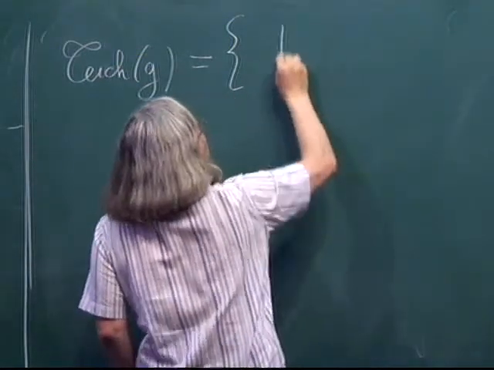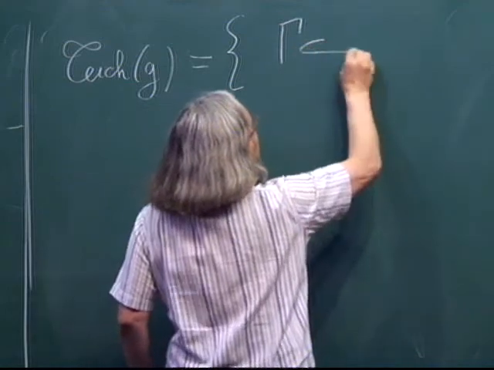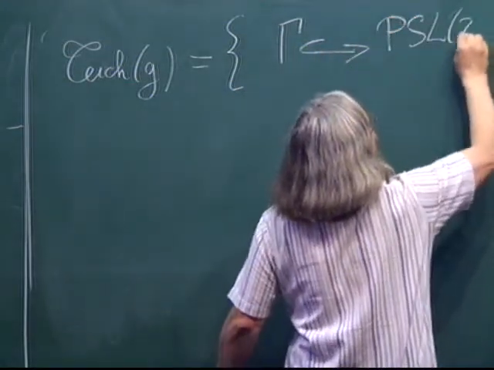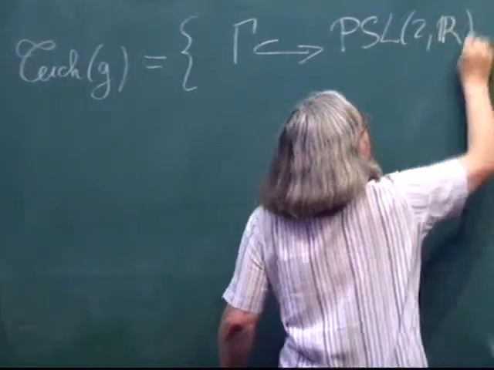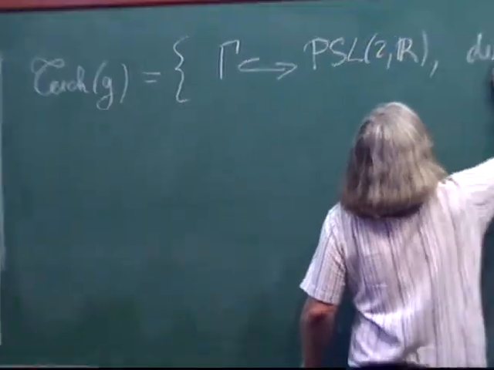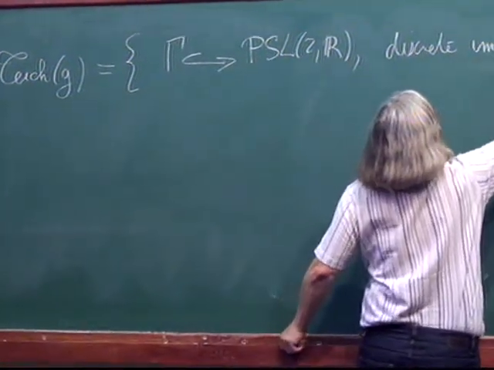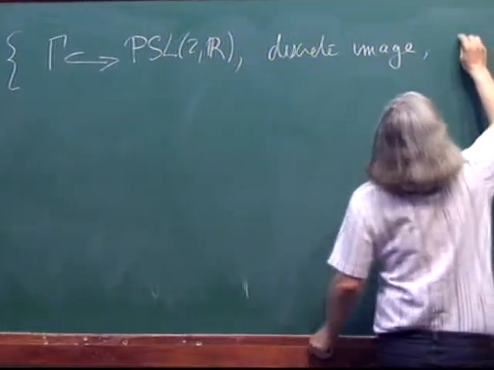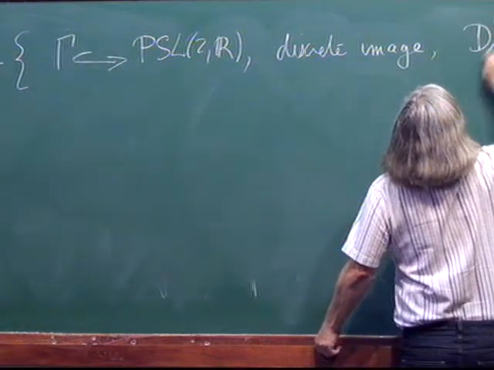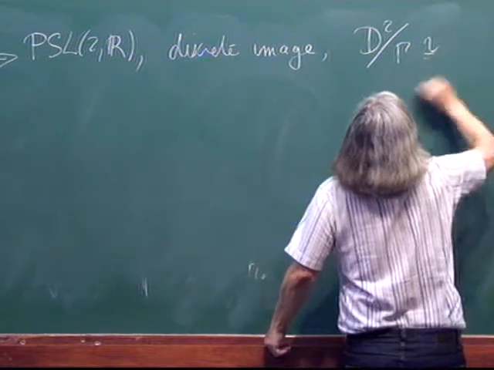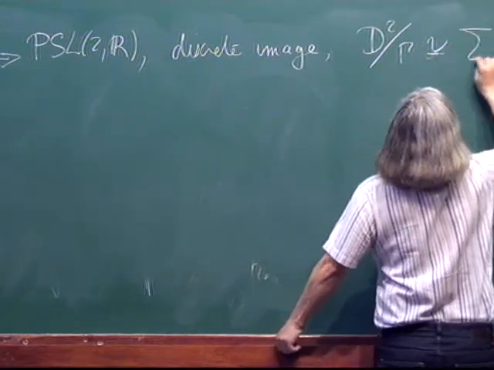So it's a space of embeddings of gamma in PSL2R with a discrete image and such that the quotient of the disk by gamma is homeomorphic to the surface.